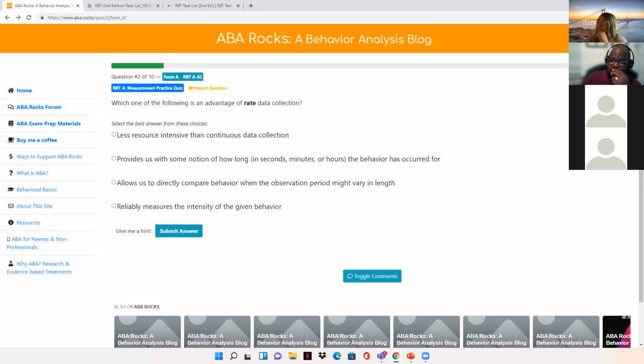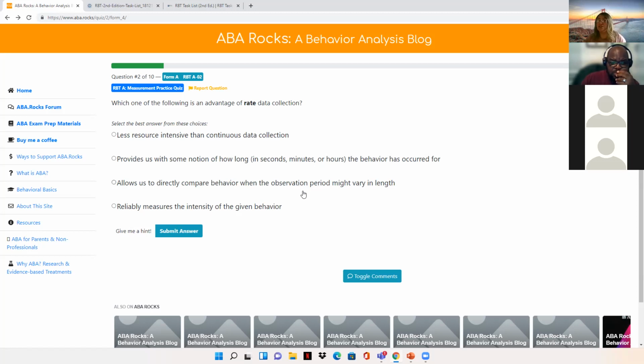Yes, C looks pretty good to me because remember we talked about how Eric might be observing the behavior for 30 minutes and Selena might be observing the behavior for 8 hours. So we're going to observe a drastic difference in data. Rate is cool because it allows us to compare the behavior when the observation times vary.